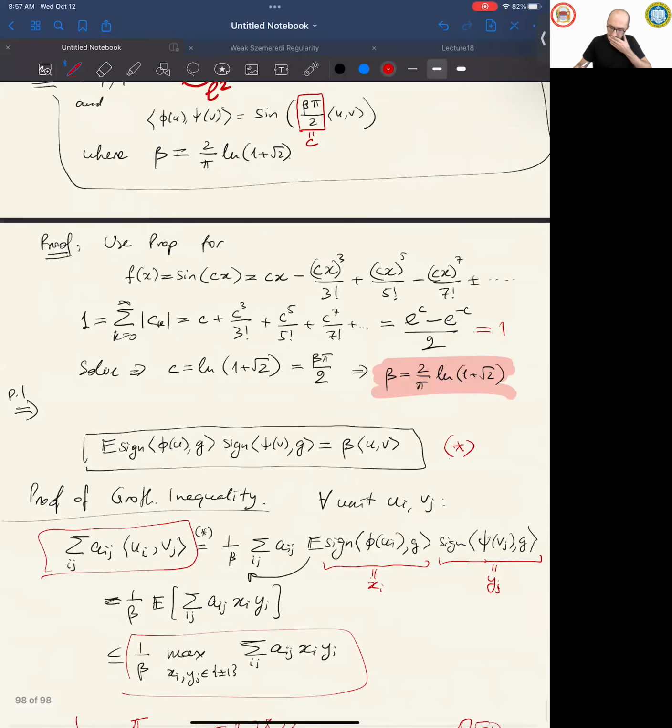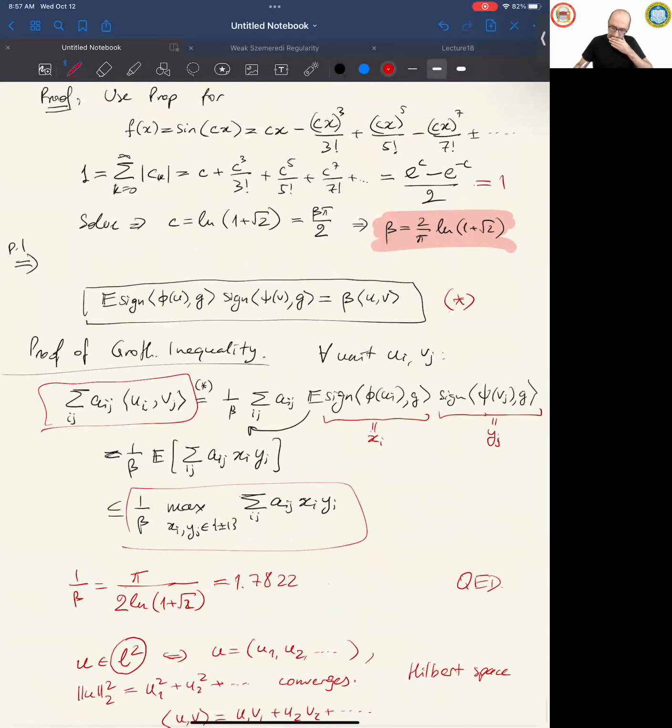And then we need this inequality. And for that, we need Grothendieck's identity in L2.